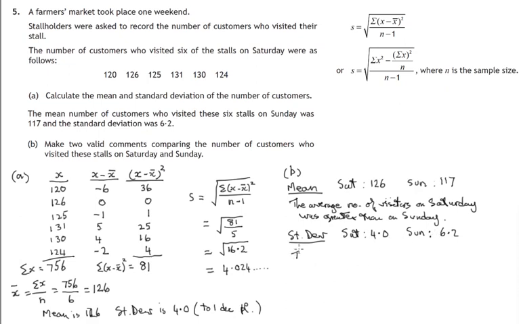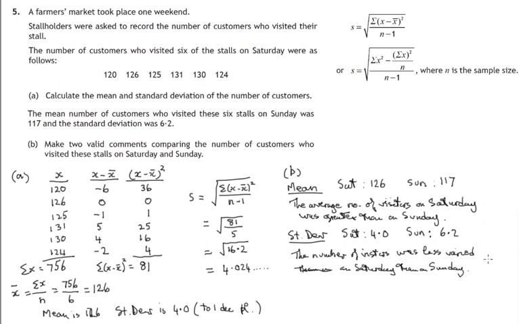So we can say that the number of visitors was less varied on the Saturday, or more varied on the Sunday, than on the other day: less varied on Saturday than on Sunday.